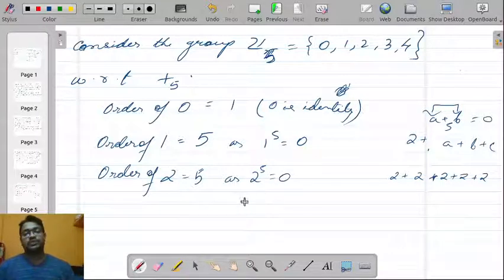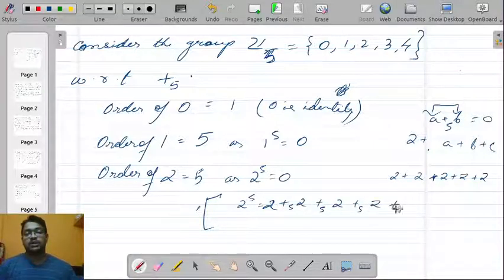What is 2 to the power 5? Actually 2 to the power 5 is 2 plus modulo 5 2 plus modulo 5 2 plus modulo 5 2 plus modulo 5 2. So there are 5. 2 plus 2 is 4. I can add this 2 together: 4 plus modulo 5 of 2, with the last 2 added.